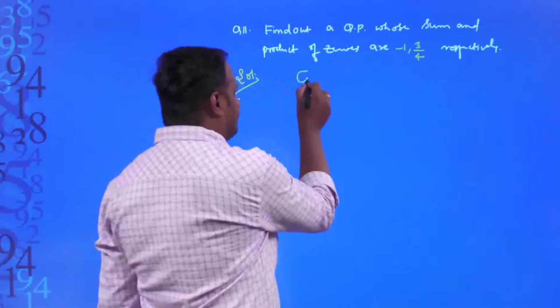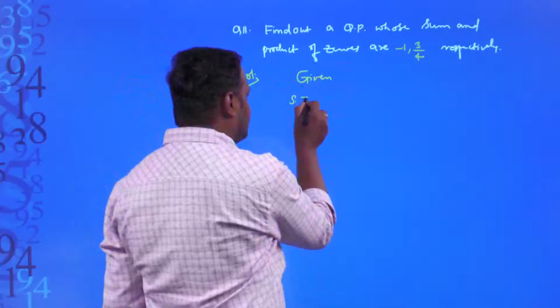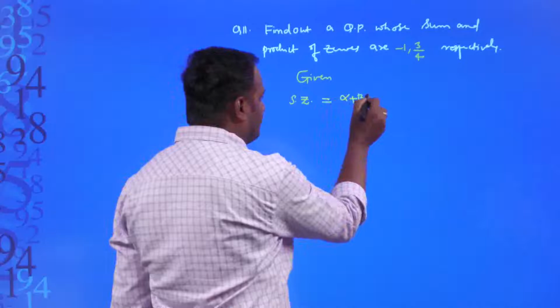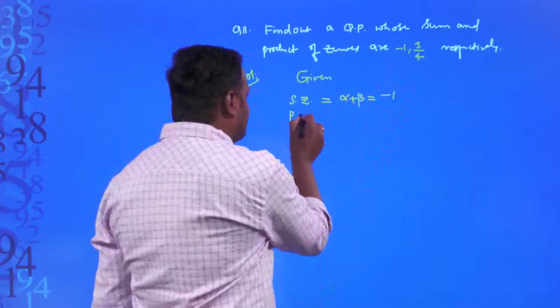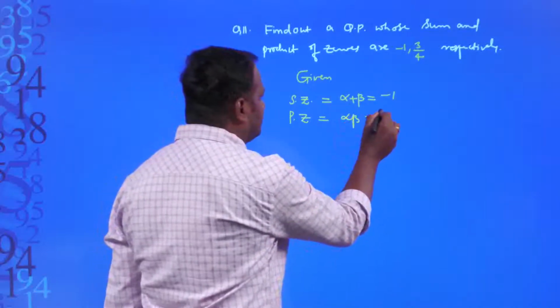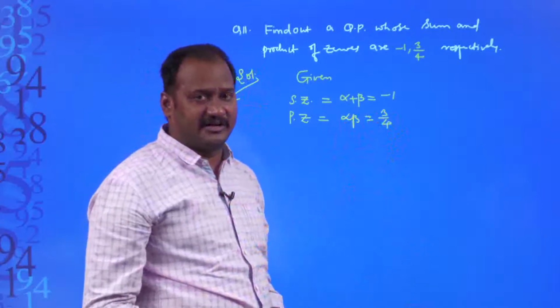Sum of zeros is given, that sum of zeros is equal to alpha plus beta, given as minus 1, and product of zeros is given as alpha into beta, which is equal to 3 divided by 4, and you are asked to find the quadratic polynomial.